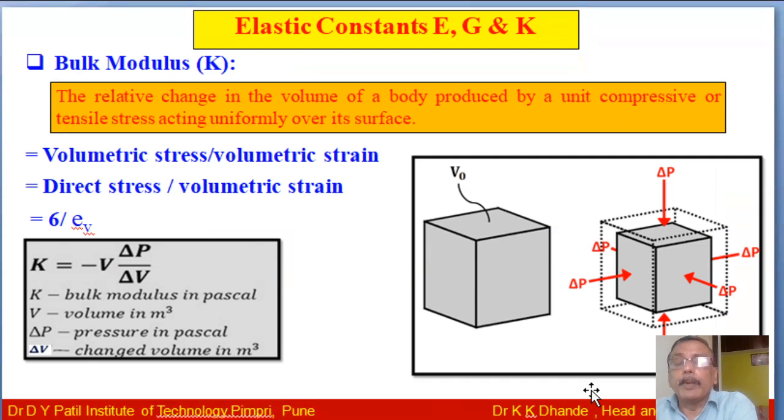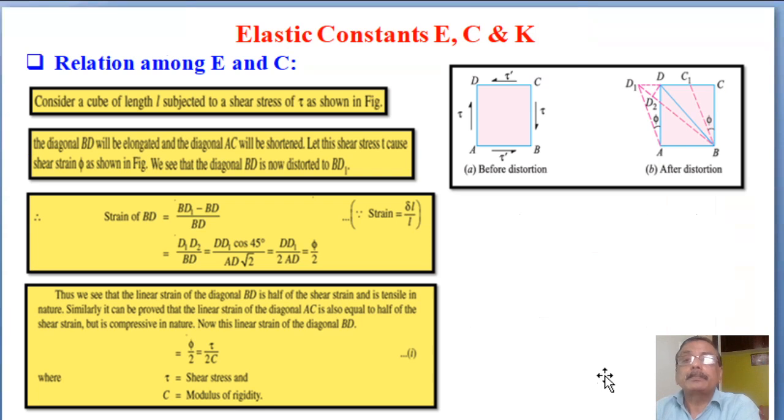So the definition becomes: it is the ratio of direct stress to volumetric strain, denoted by capital K. So capital K is equal to sigma divided by EV. EV is the notation for volumetric strain, which is nothing but the change in volume to original volume.